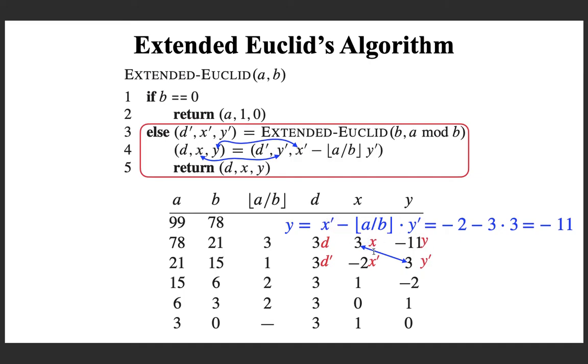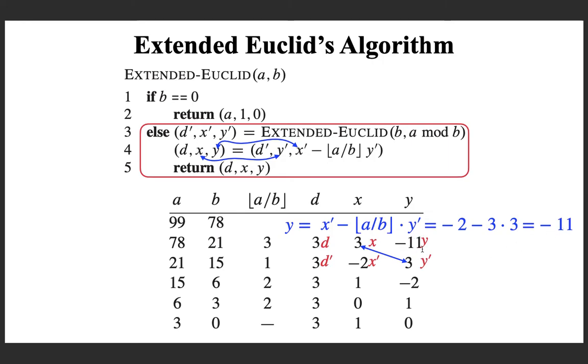X prime is minus 2. The quotient of dividing a by b is obtained as 3. So 3 multiplied by y prime is 3. If you solve it, it is nothing but minus 2 minus 9, which is minus 11, which is what you are obtaining as y.